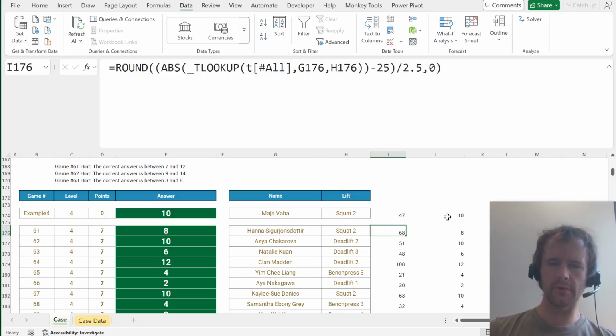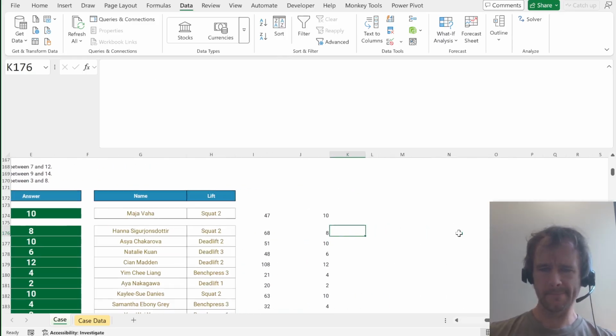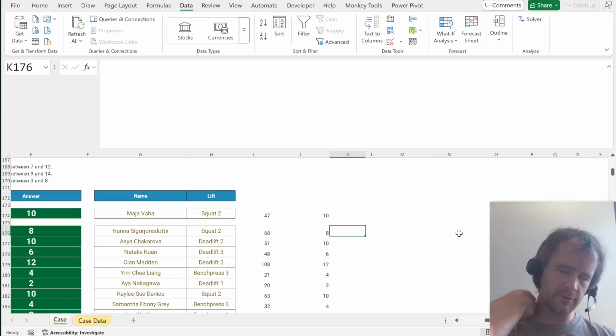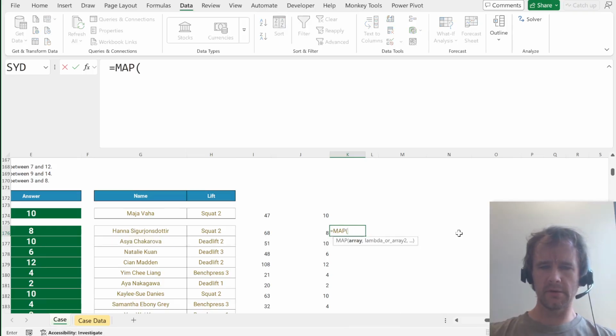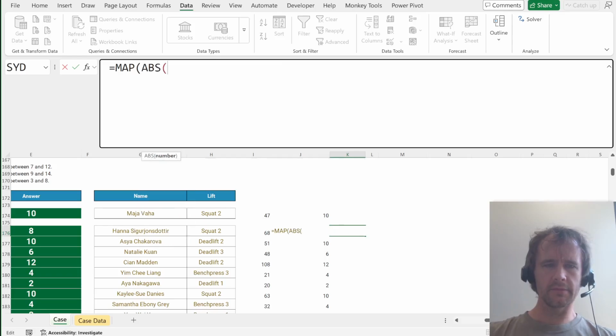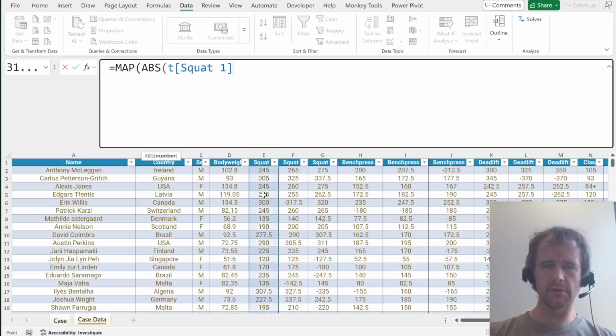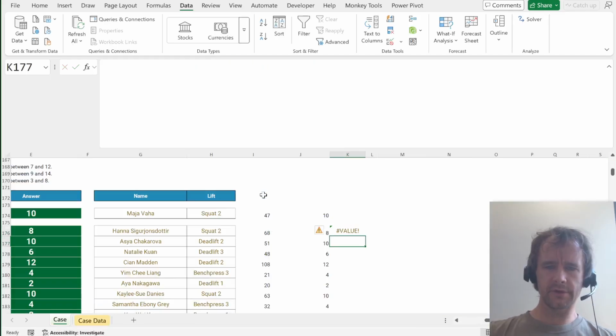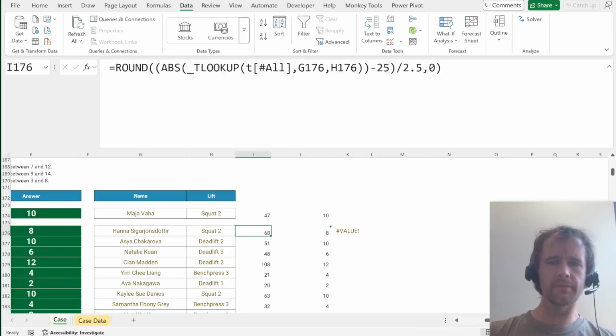Okay, so I guess the zeros don't matter because they'll just come out as 0. Fine, so we'll say MAP of ABS, not, what the heck is that? Absolute value of that. Just say 1 for a second, that'll value out, I don't care.